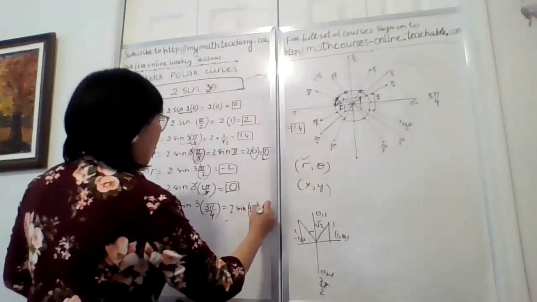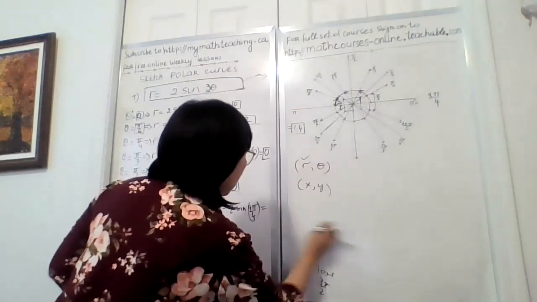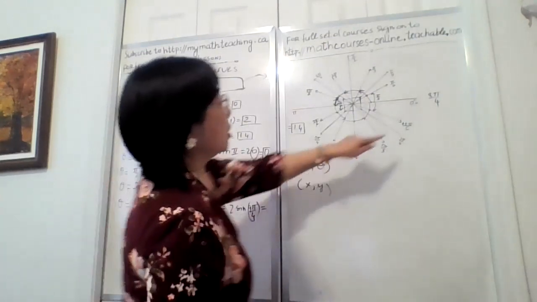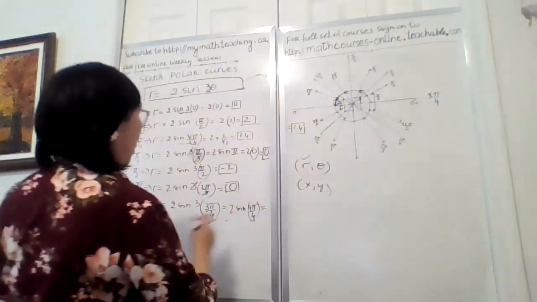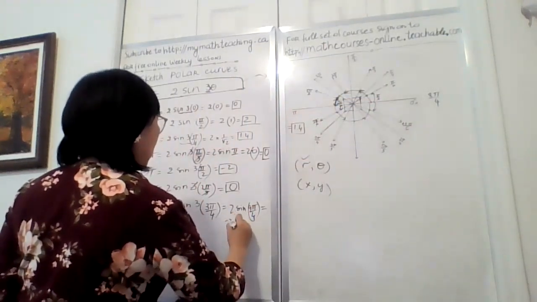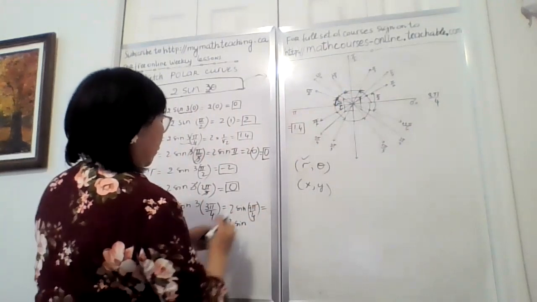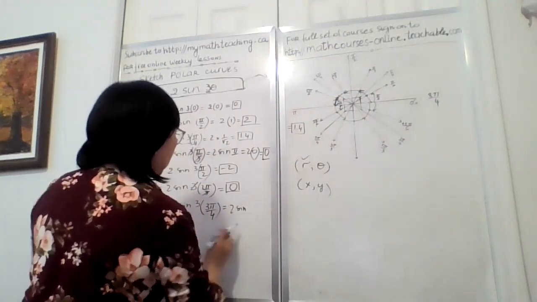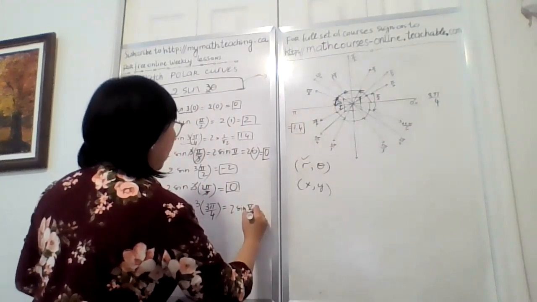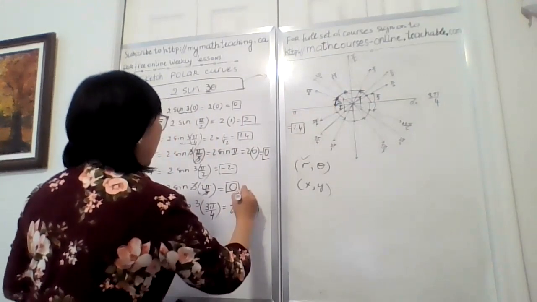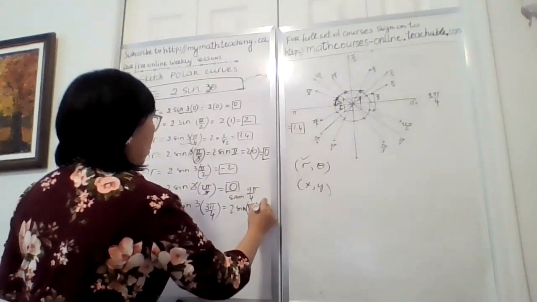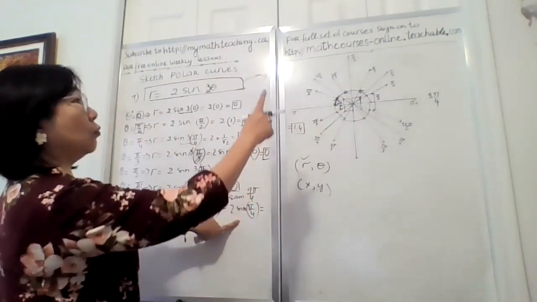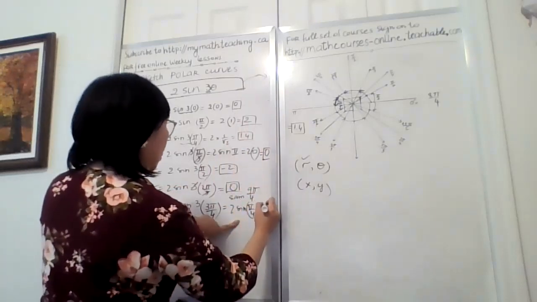So it will be equal to 2 times sine 9 pi over 4, right? In here is 8 pi over 4, which is 2 pi, and this is 9 pi over 4. So the same as 2 times sine pi over 4. So I'm going to change this into pi over 4, which is 2 times 1 over square root 2.